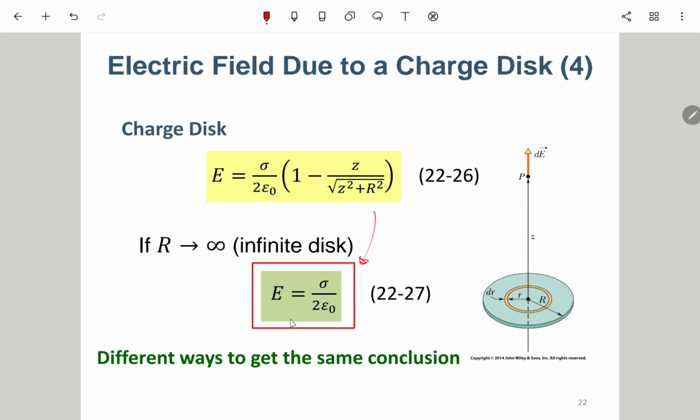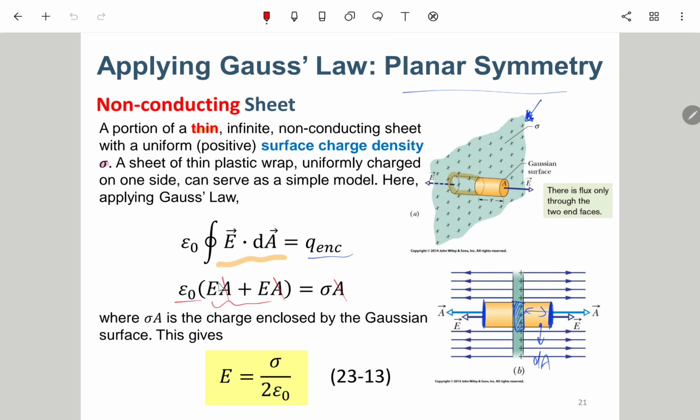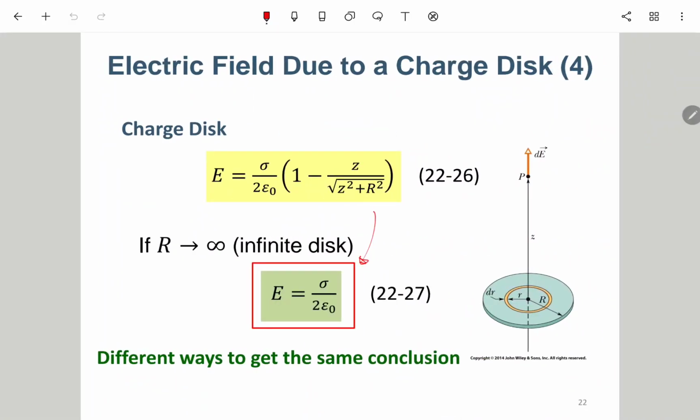So the computation is more complicated, but after using the Gauss law, the steps are 1, 2, 3, and then done. That's why we need to learn the Gauss law in chapter 23. So we have different ways to get the same conclusion.